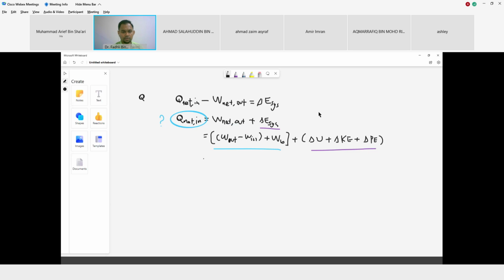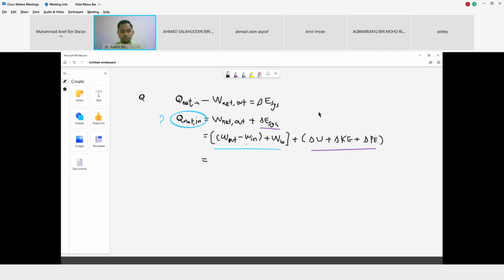Okay, kemudian from these equations, W out, W in, W B, delta U, delta KE, and delta PE, we can cancel the not related properties. Ada property di sini yang tak berkaitan. Contohnya W out. W out tidak diberikan dalam soalan. Kita tak ada W yang keluar daripada sistem.